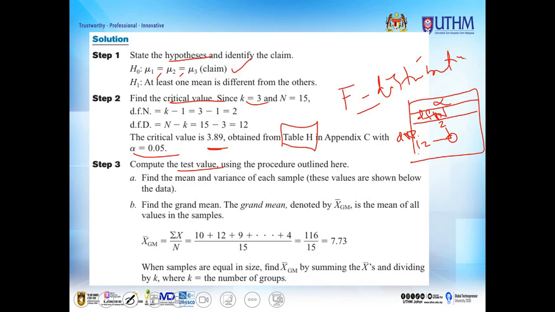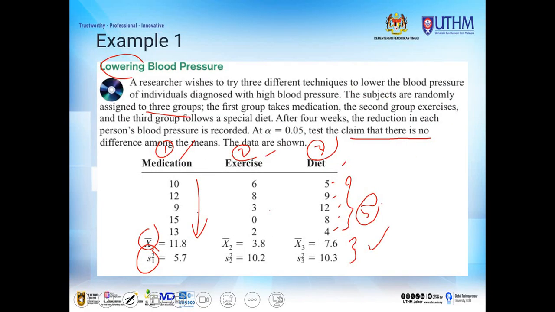In order to compute the test value, we have a few steps that we have to follow. First step, 3a, find the mean and variance of each sample. For each sample they already mentioned the variance and mean, so you don't have to calculate that.